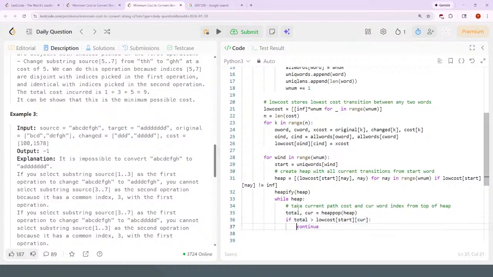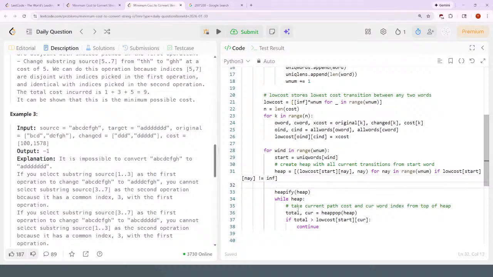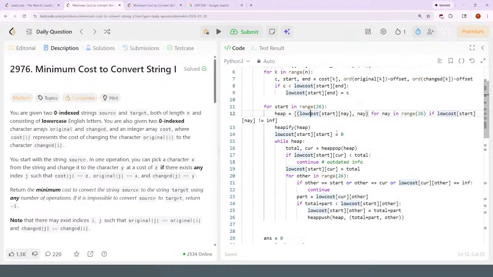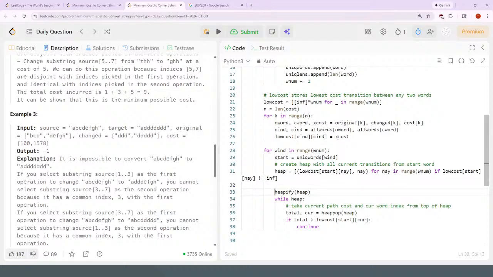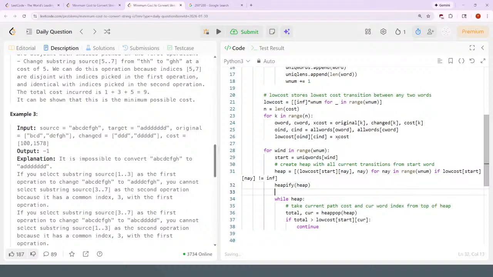I don't think this is necessary. We also wanted to, was it the 0 to 0? Low cost start to start 0. I don't know if this is necessary either.